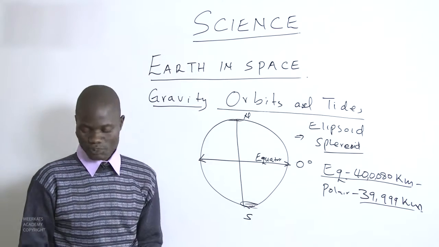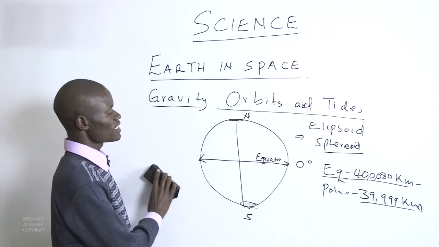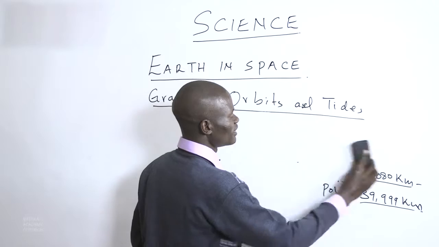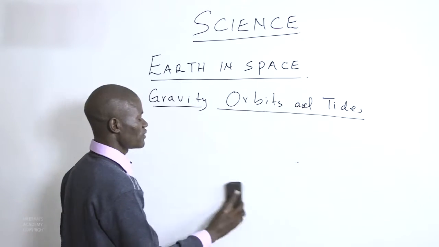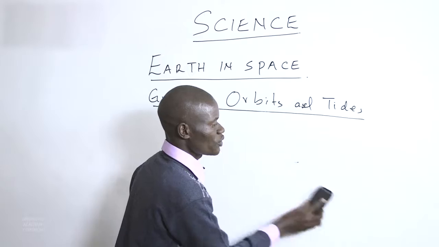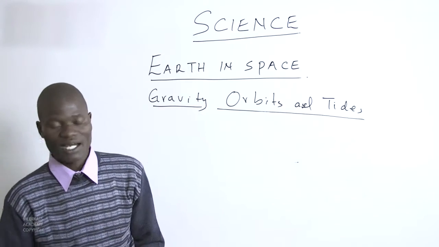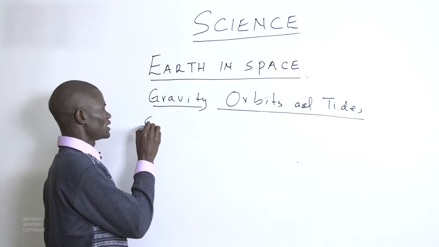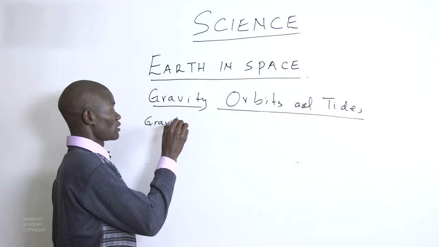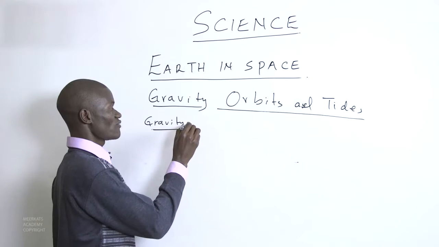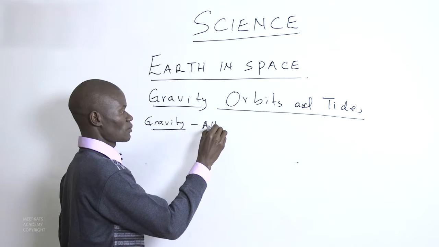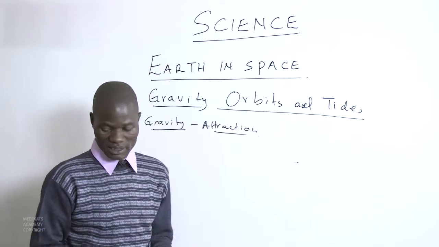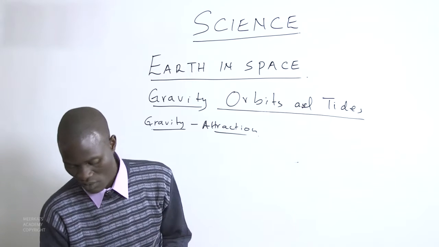Then, in this process, we see another force away from centripetal and centrifugal forces that works on the shape of the Earth. Another force is gravity. As we have also seen, gravity is a force of attraction.